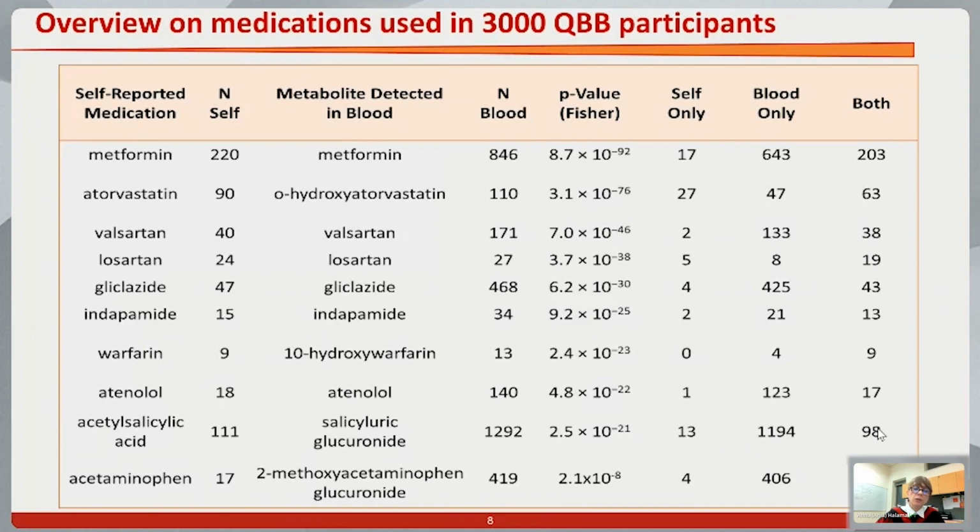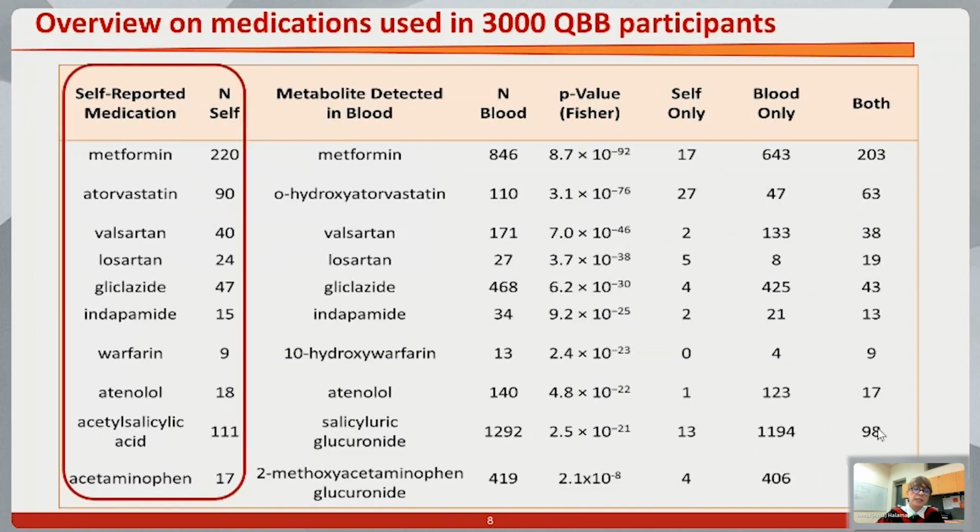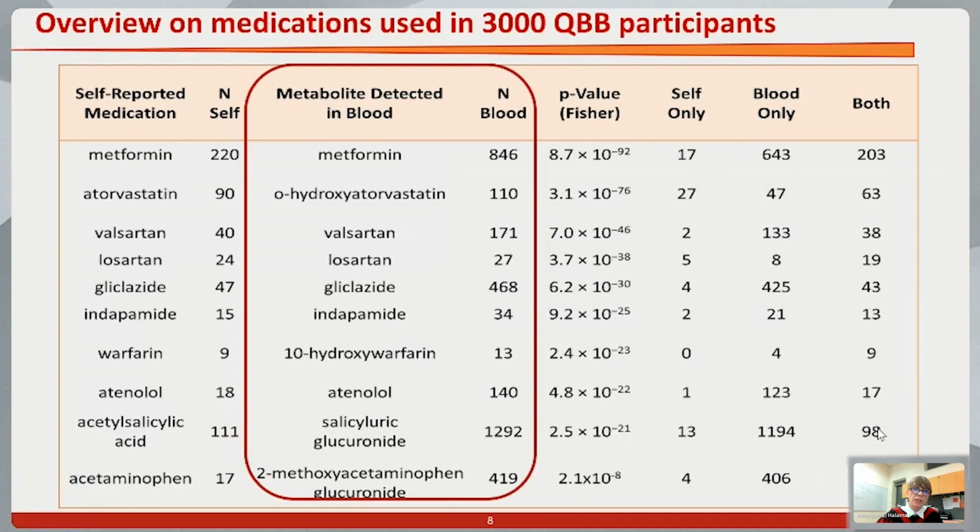Now what you can see here is the list of the drugs which we were looking at. Of course, the list is longer, but this is only an example. It shows the number of subjects self-reporting taking those drugs, versus the number of those drugs or the products of their metabolism which were identified across those individuals.